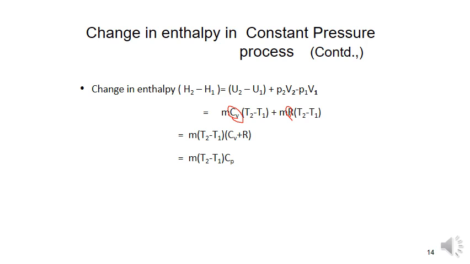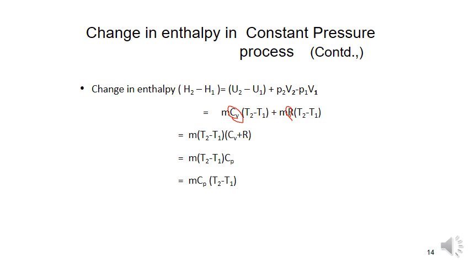Heat transfer at constant pressure is equal to the change in enthalpy, mCp (T2 minus T1). This is the main difference between the constant pressure and the constant volume process. In the constant volume process, the heat transfer is equal to the change in internal energy, mCv (T2 minus T1).